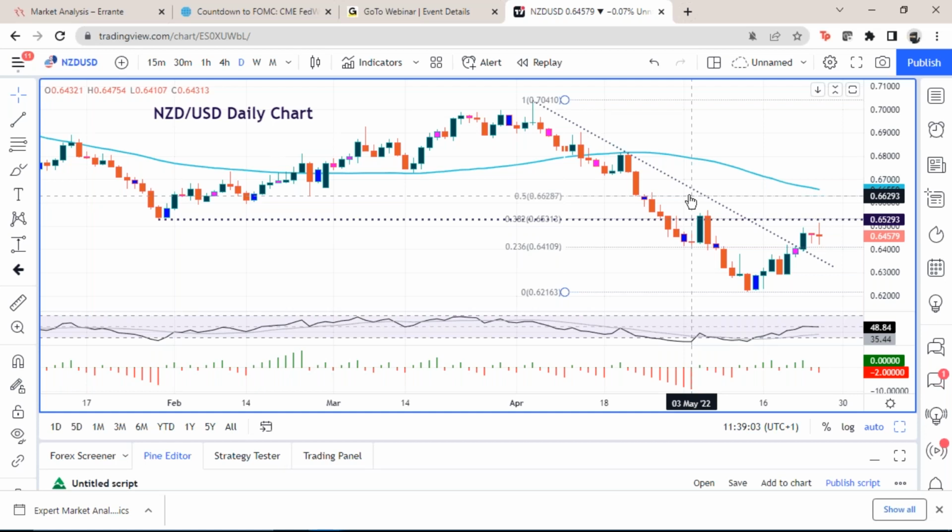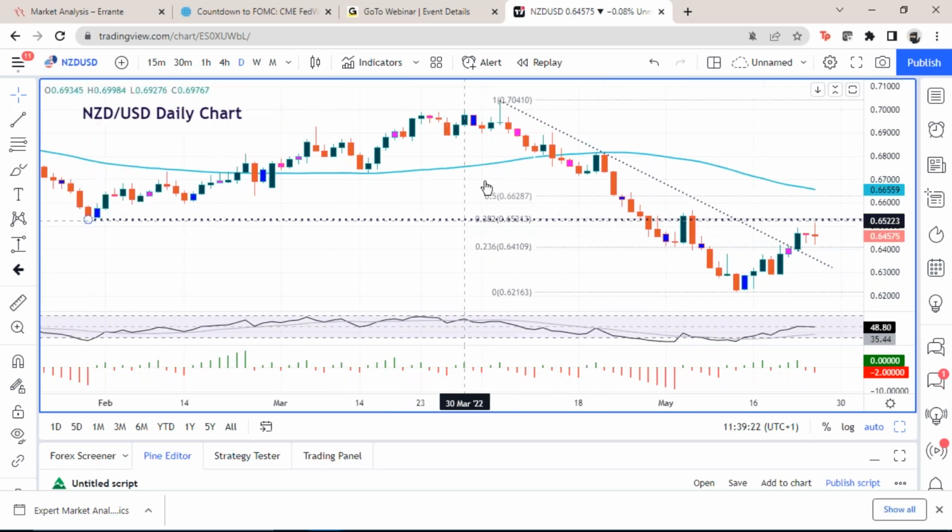The Kiwi dollar, just looking at the chart, well, obviously, as we've mentioned, the Kiwi is a risk-on currency, so that has definitely been hammered really in the last month or so from that high at the start of April at 70.41. Interestingly, anybody who's looking at the Aussie dollar chart, similar, of course, risk-on currency, and also that start of April, that candlestick there, which we highlighted before, which really is a bearish reversal candlestick.